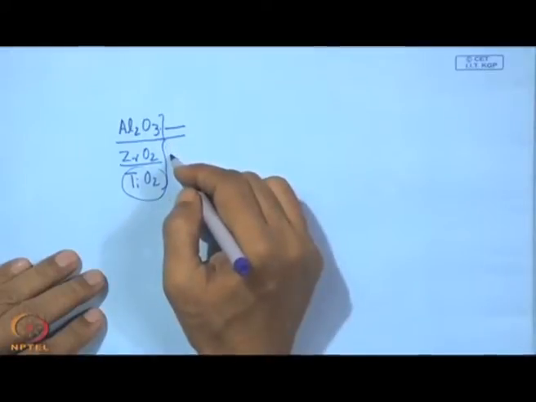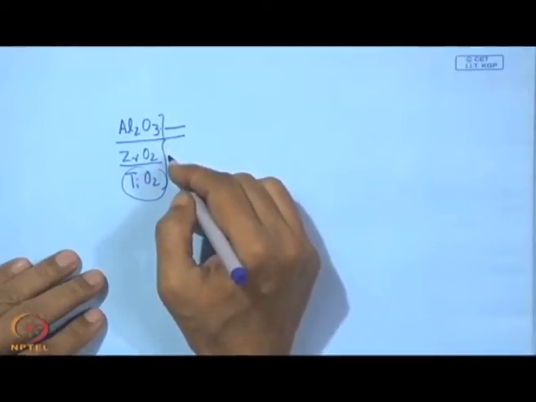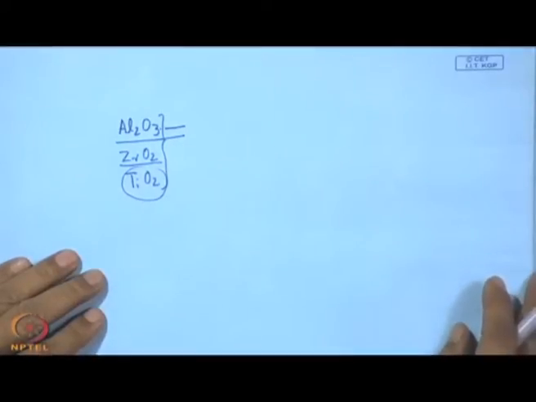So, here the requirement of temperature is rather high, and it is almost impossible to attain those temperatures either by flame or normal combustion, or by striking an electric arc, and in that case of course the material has to be conductive.